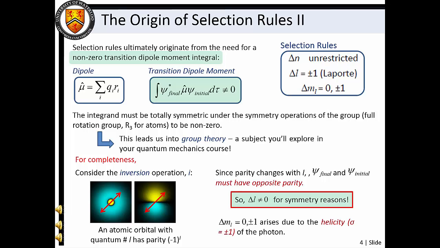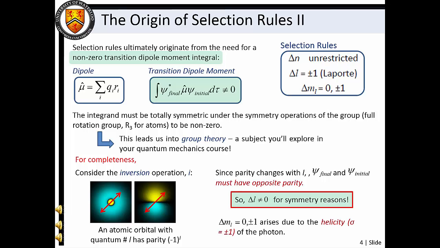For example, consider an S to S transition, which would occur between two states with identical inversion symmetry, resulting in a totally symmetric product of wave functions. Including the transition dipole moment would therefore result in a non-totally symmetric integrand, since the dipole moment has an odd parity due to the positive-negative charge separation.